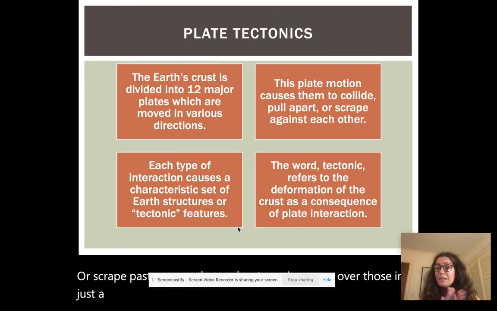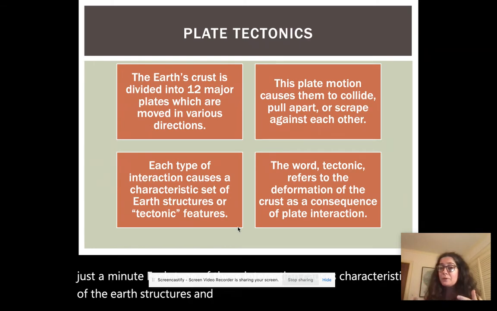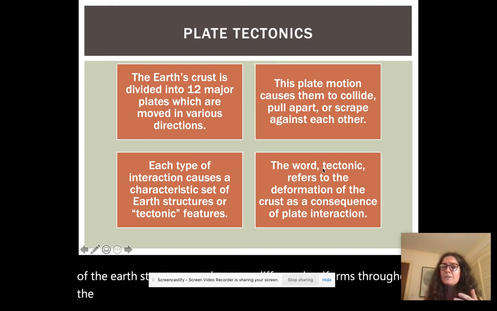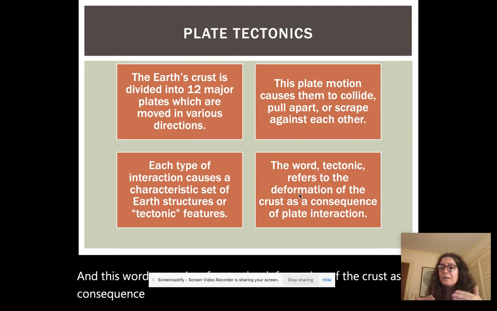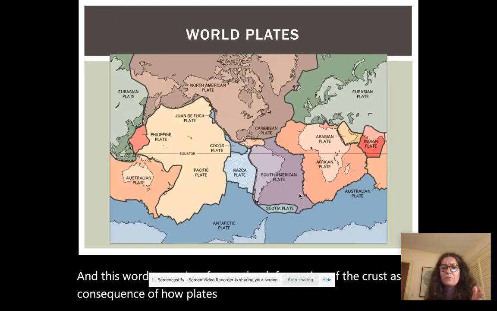Each type of these interaction causes characteristics of the Earth's structures and creates different landforms throughout the Earth. And this word tectonic refers to the deformation of the crust as a consequence of how plates interact. And we're going to go over all of this.